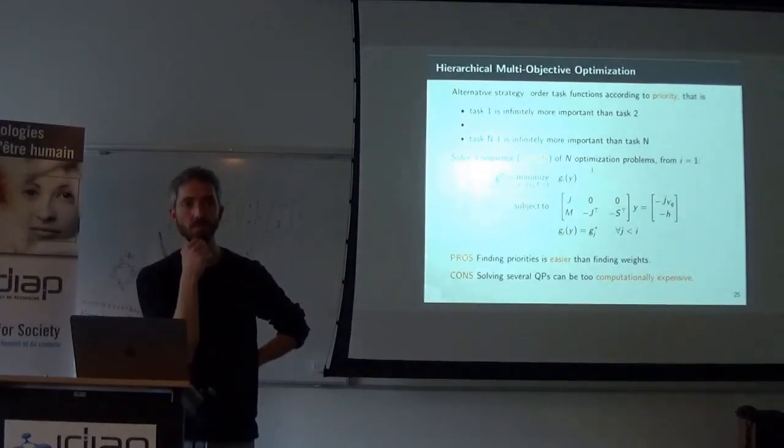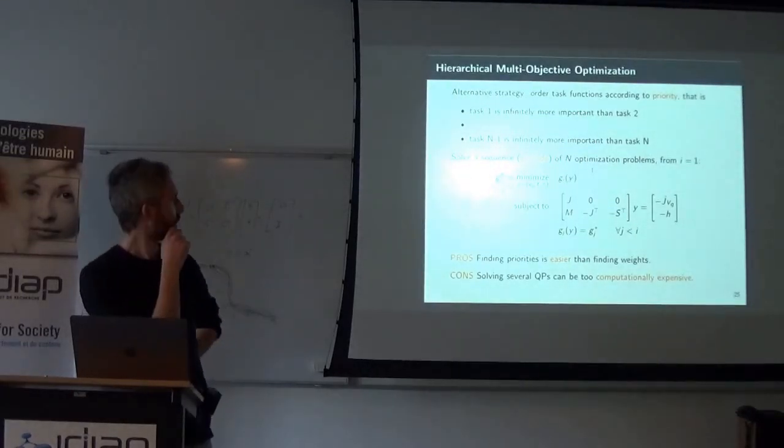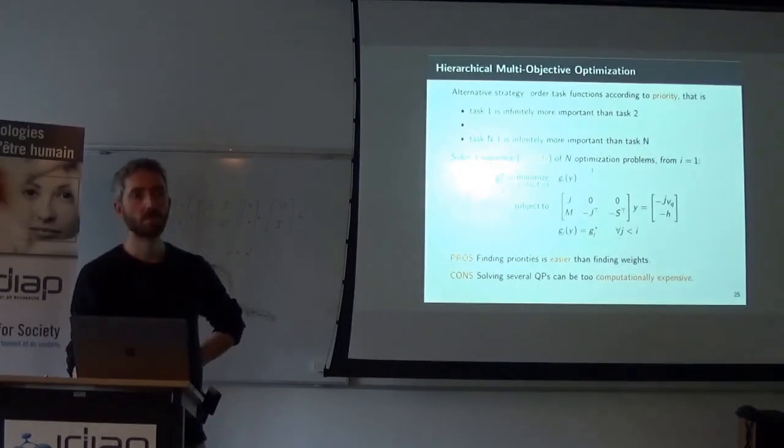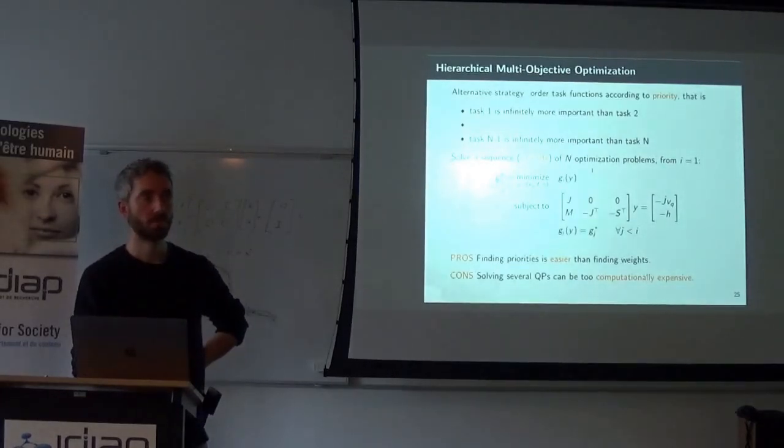What if the second task has no solution, would the QP stop, or would it try to find a solution for the third? Because maybe the third has a solution that satisfies the first, but the second can't.